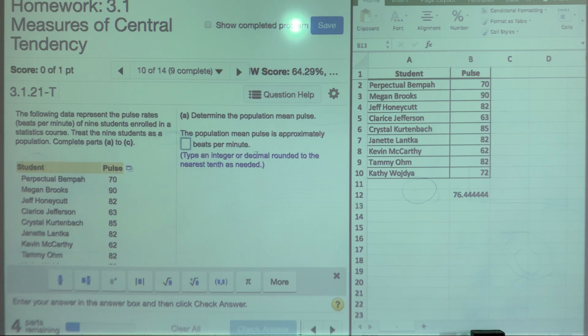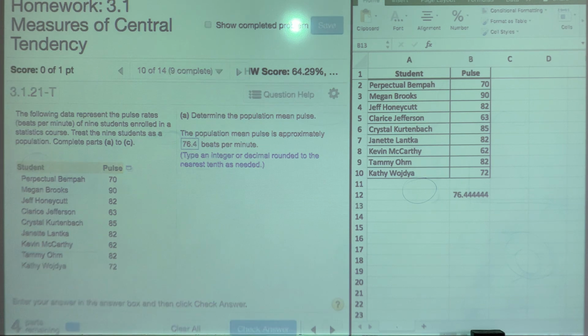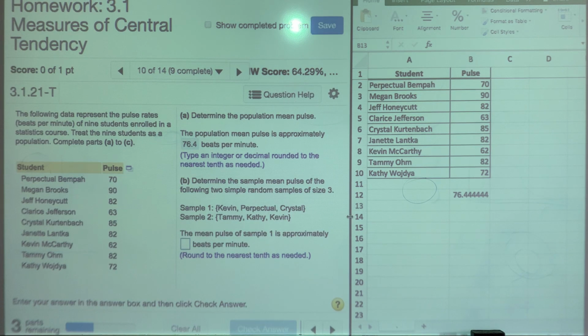Now pay attention to the rounding, round to the nearest tenth. So for mine, there it is. Okay? Questions about that at all? All right. Now, let's do the next one.